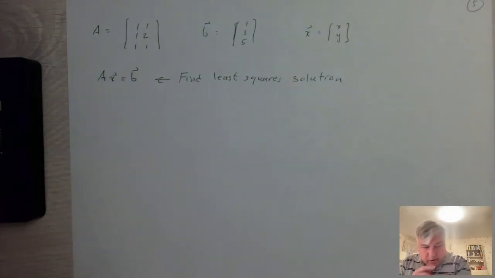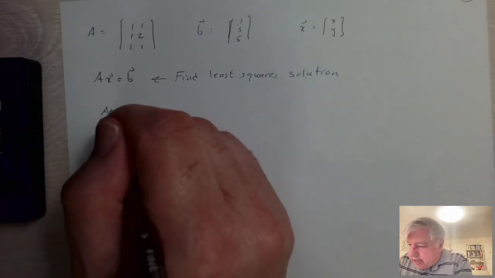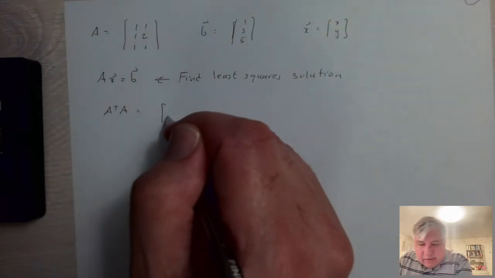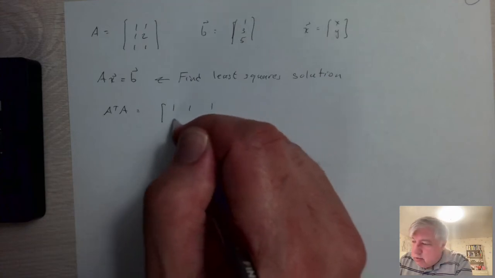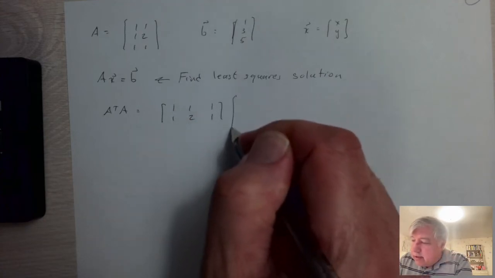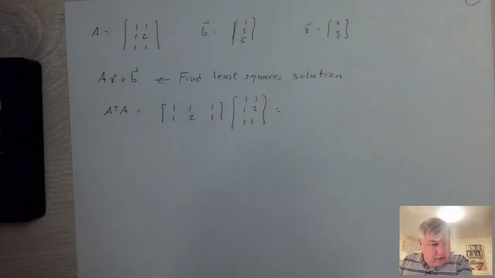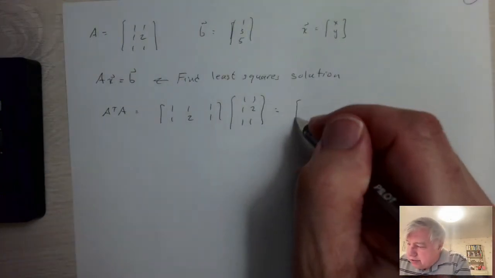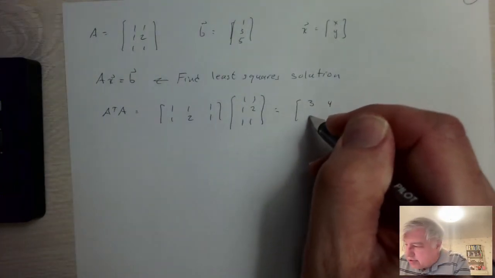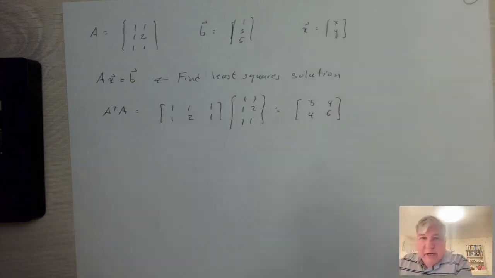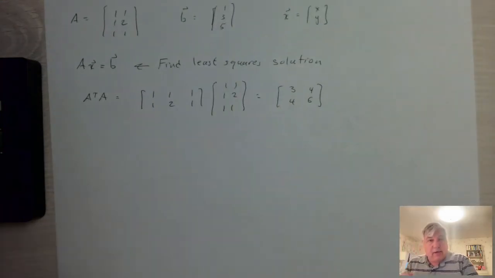Okay, so first of all, A transpose A is going to be the matrix 1, 1, 1; 1, 2, 1 times the matrix 1, 1; 1, 2; 1, 1. And when you compute this, this is 3, 4; 4, 6. It's a 2 by 2 matrix.